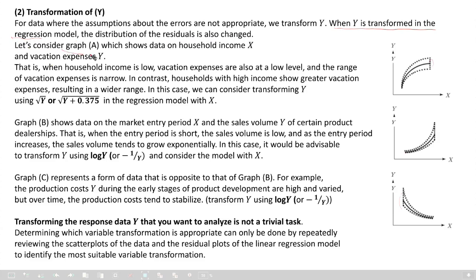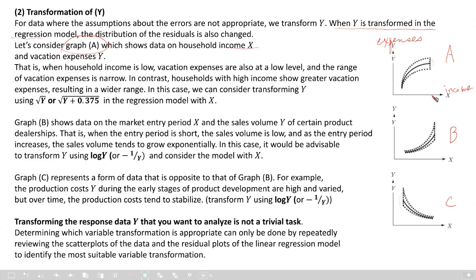Let's consider graph A, B, C, which show data on household income X and vacation expenses Y. X is income, Y is vacation expenses. Low income, low vacation expense, of course.